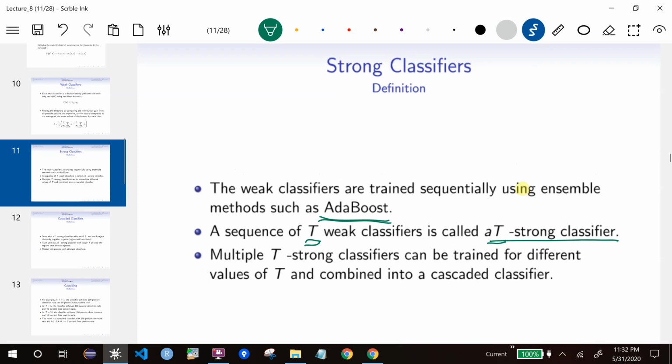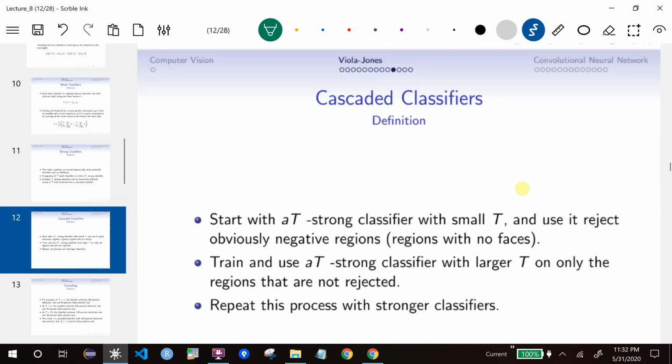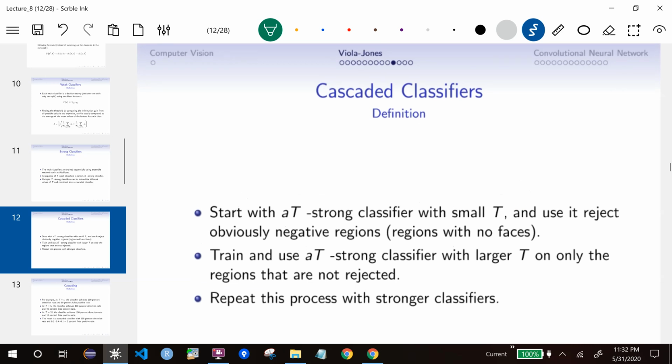What we're going to do one step further is create multiple of these, and it will be called a cascaded classifier. Let me explain what's happening here. As I mentioned before, in an image there are only a few faces, but lots and lots of regions are non-faces. So we want to get rid of those very quickly.